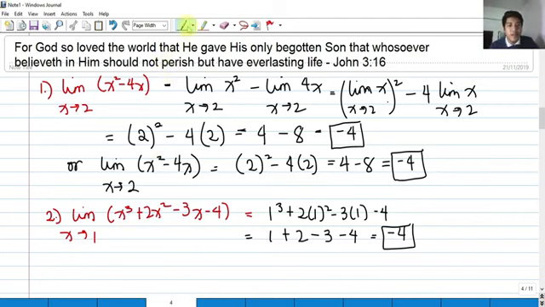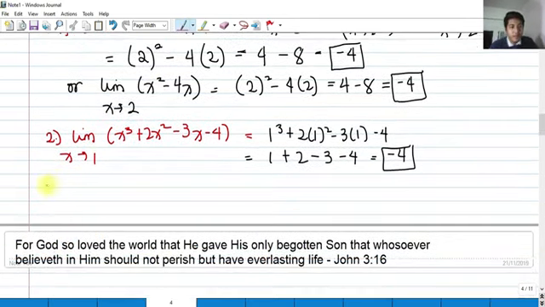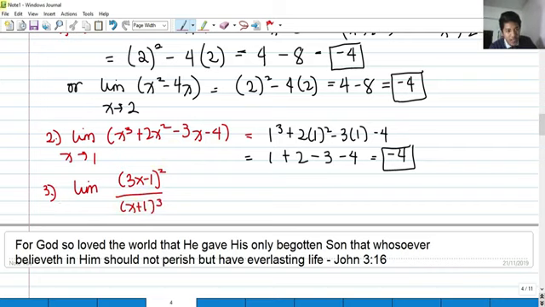Let's try again for number 3. We have to evaluate the limit of (3x minus 1) squared over (x plus 1) cubed as x approaches 1. What is our rule if we are evaluating a quotient? The denominator should not equal 0.